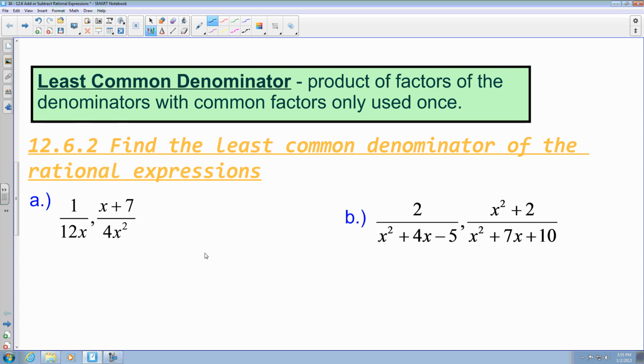These examples are looking for the least common denominator of the rational expression. So all we are concerned with is the denominator in this case. I'm not asking you to solve or simplify these expressions at this point. I'm just looking for common factors, or finding the least common denominator.